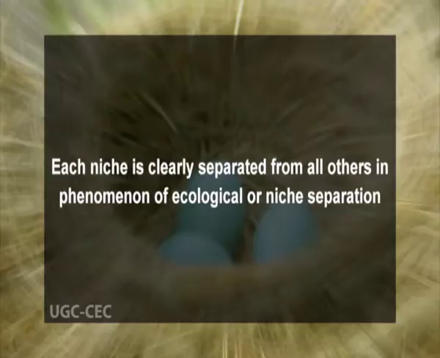Beyond this, competition can have no further effect on niche width, but as a consequence of its action in fashioning the individual niches to begin with, it has already had a secondary effect that the roles of the various organisms within the community are sharply distinct. Each niche is clearly separated from all others in the phenomenon of ecological or niche separation.